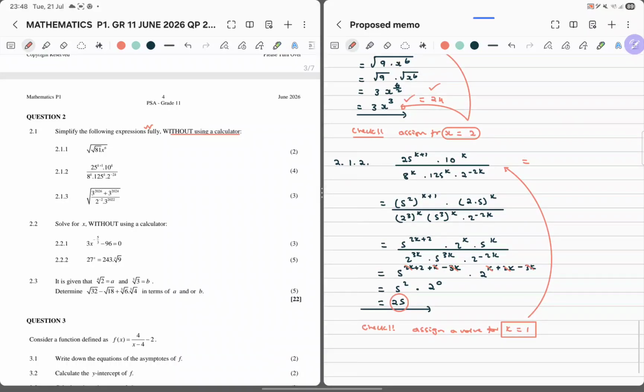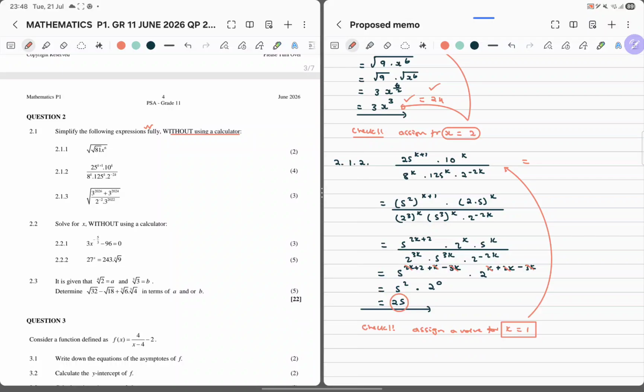Now let's do this fraction. We've got 25 to the exponent k. Let's say k is 1. It's going to be 25 squared. And then into 10 to the exponent 1. Okay, it's just 10. Divided by 8 to the exponent k.